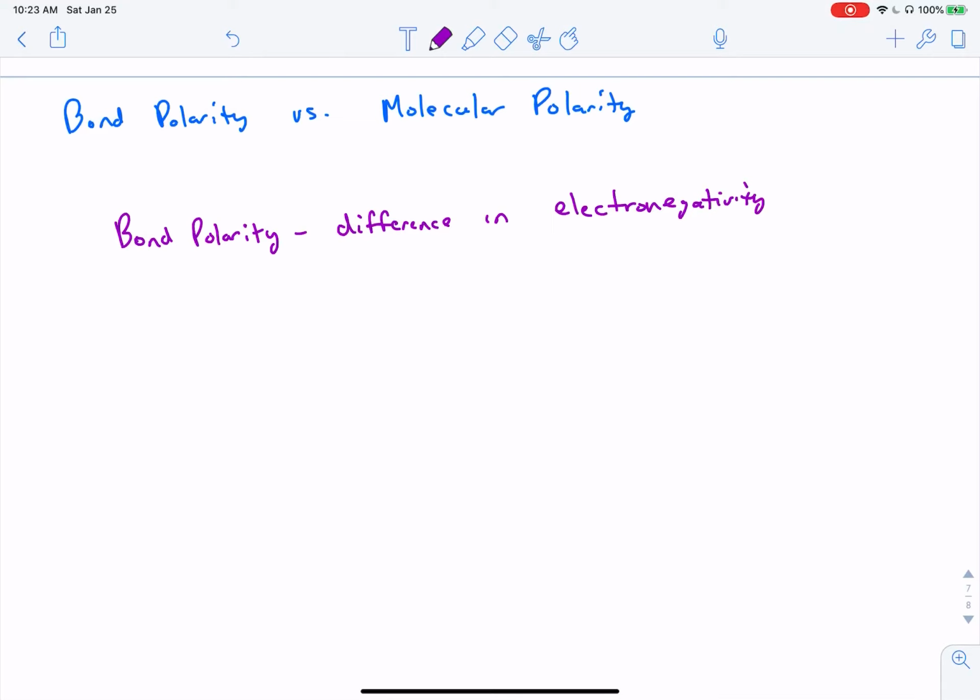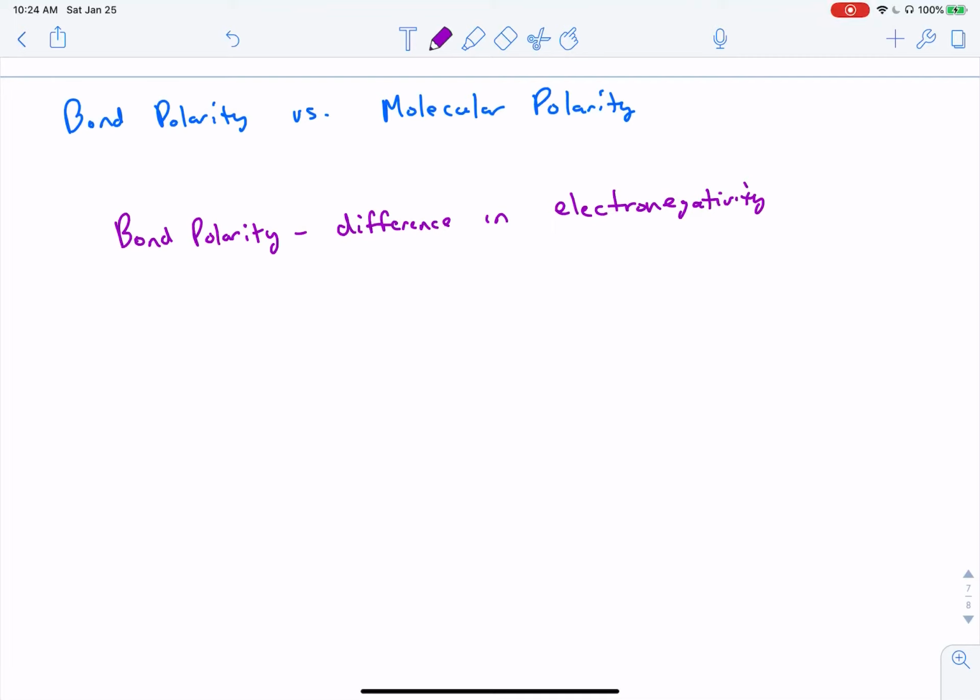On the multiple choice, where you don't have it available to you, you don't have to know that F is 4 and oxygen's 3.5. Yes, if it's on the short answer. If it's on the multiple choice, the options will be different enough apart. They'll give you 3 non-metal bonds and then 1 metal non-metal bond and it's obvious, it's the ionic one.